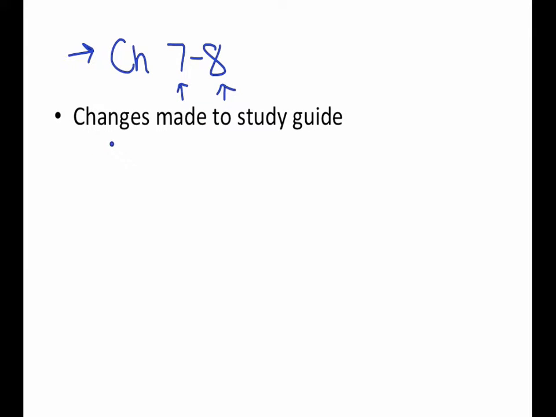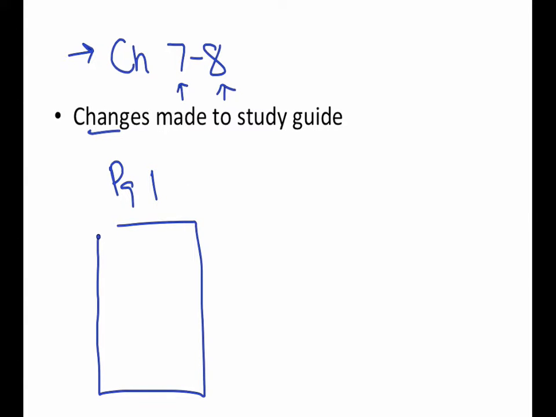So, let's start off with some changes that have been made to the study guide. If you look on the very first page, so page 1 of the study guide, about halfway down the page, so if you have your regular study guide, everything should look the same.